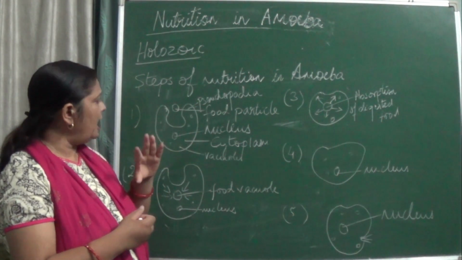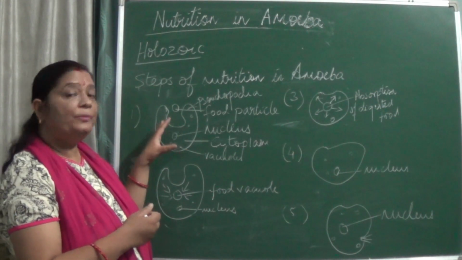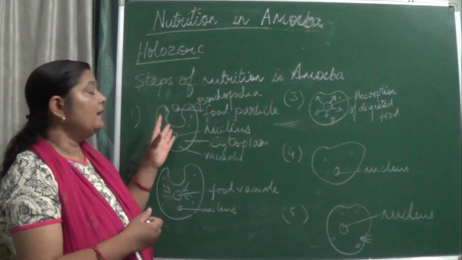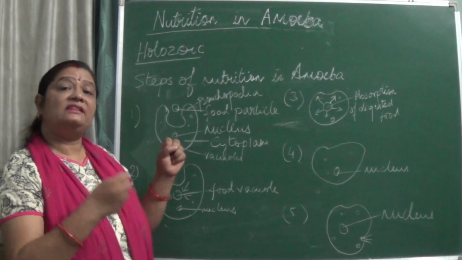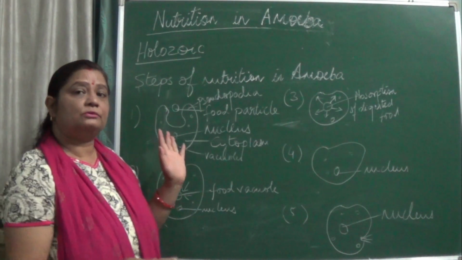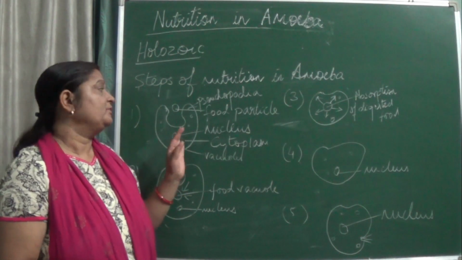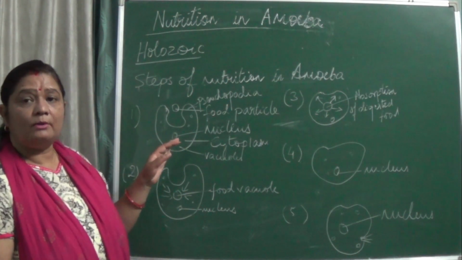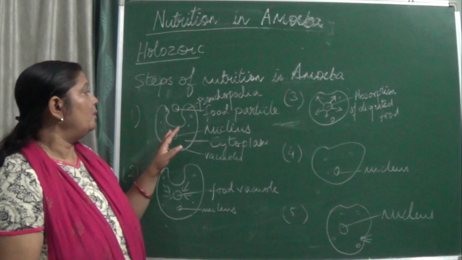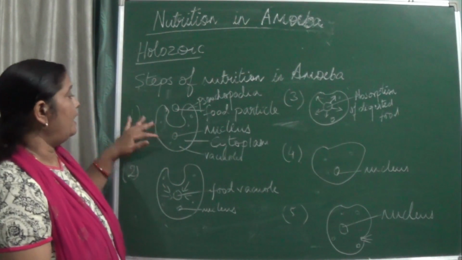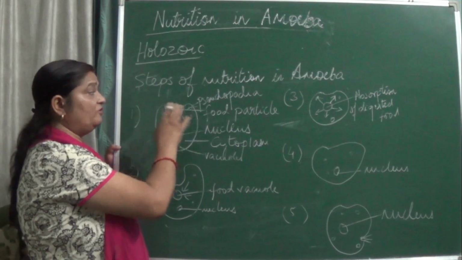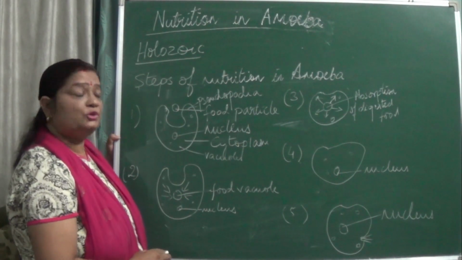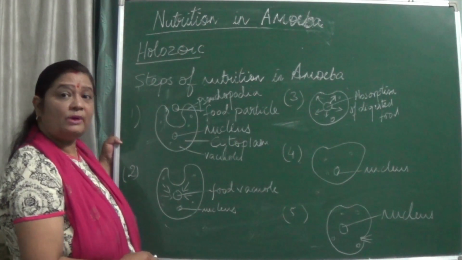They don't have any opening like a mouth in amoeba. They take the food from the body surface only, and give out waste also through the body surface only. So the amoeba can be of any shape, no shape, because they produce finger-like projections known as pseudopodia.